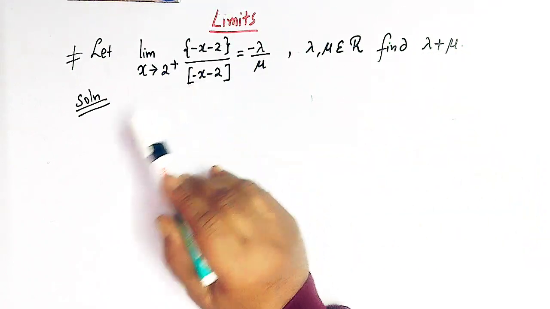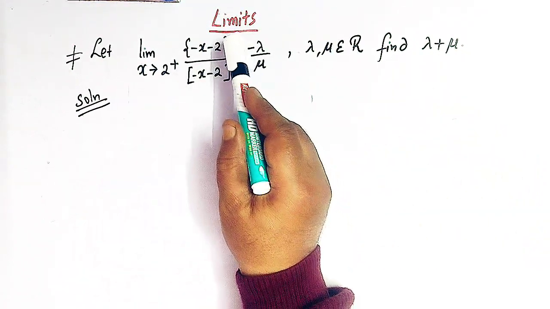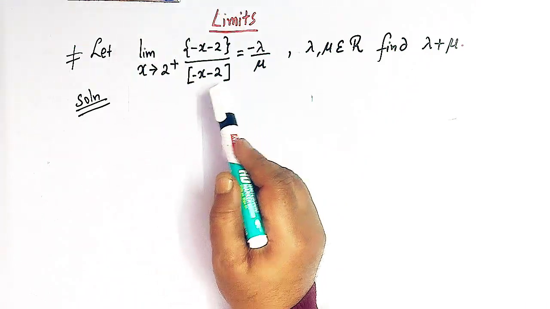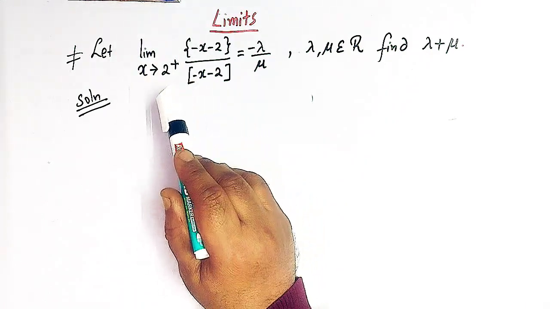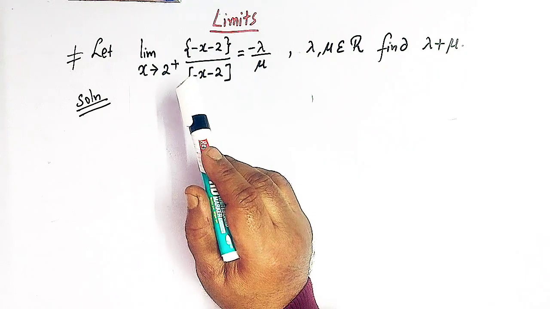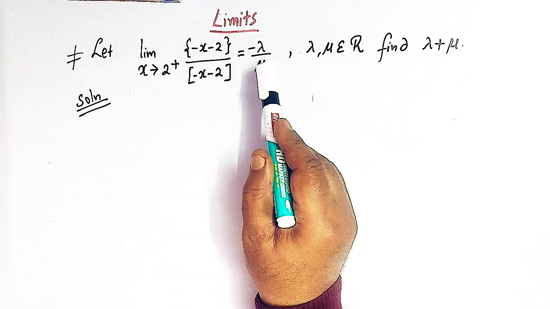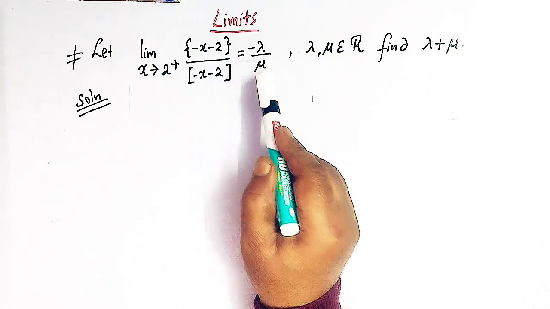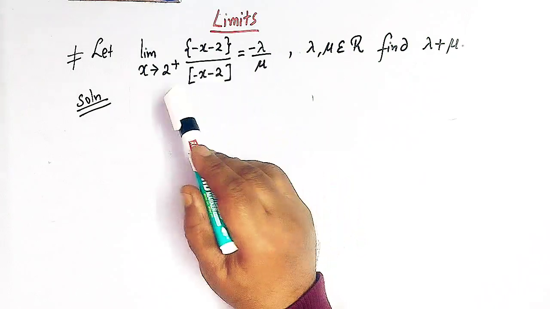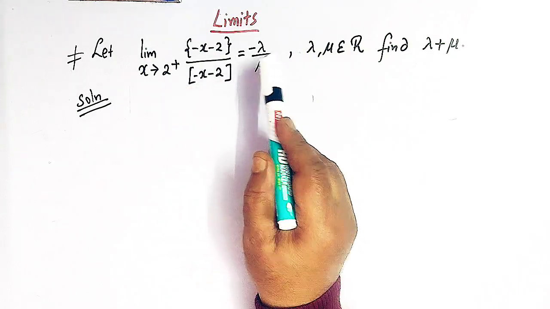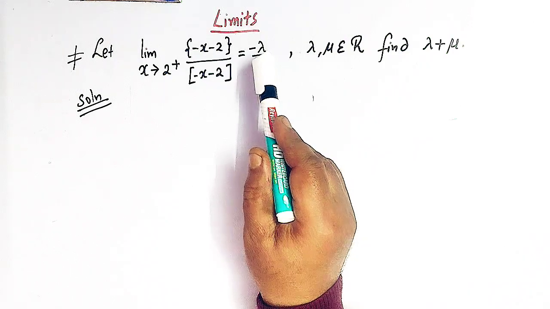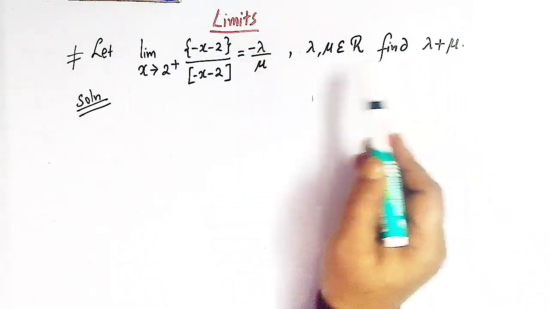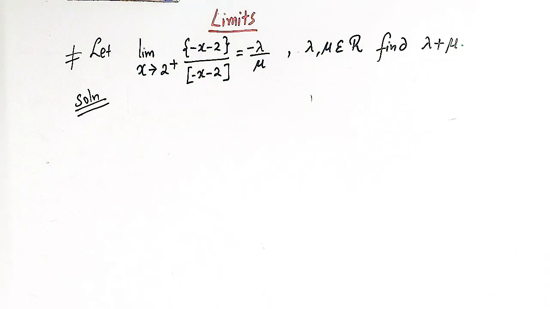So here what we will do, we'll find out the value of this limit, and then we'll equate that value to this number, that is minus lambda over mu, and by method of comparison we'll see the value of lambda and mu, and then we can find out the sum, that is lambda plus mu, right?